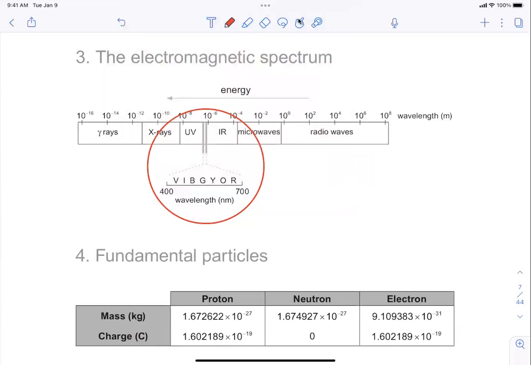I would know that if you're SL, like knowing that order of the wavelength and frequency. Remember, the longer the wavelength, the lower the frequency.